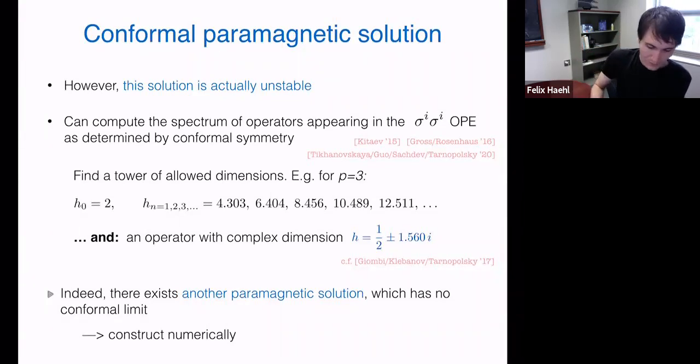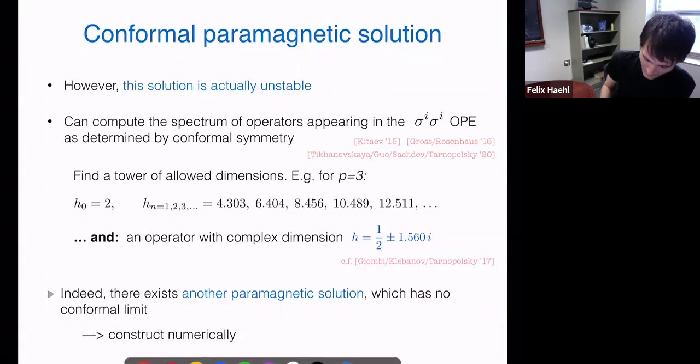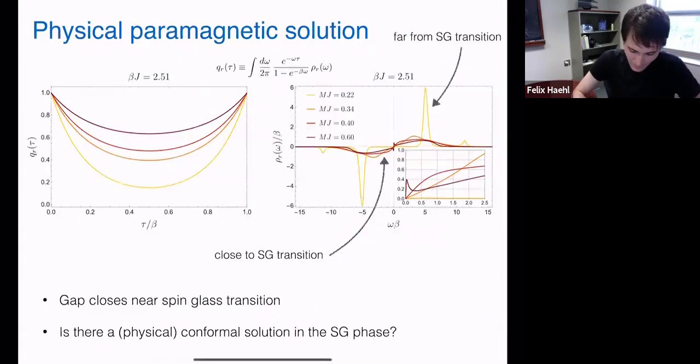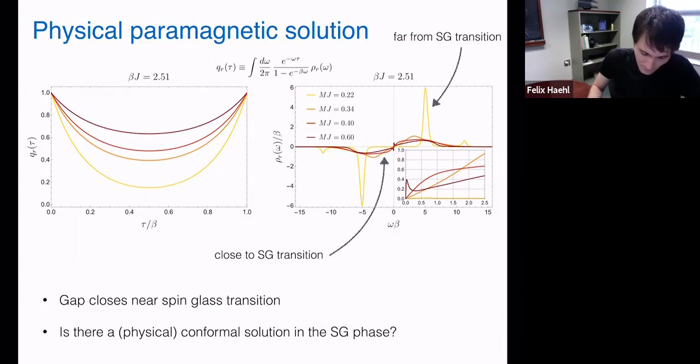But it has no conformal limit, so it doesn't have this scaling limit, and it behaves completely differently. It's gapless and so on. You have to construct that numerically, and that is straightforward to do. So you just solve the equations numerically and focus on this physical solution. And I show here what it looks like.